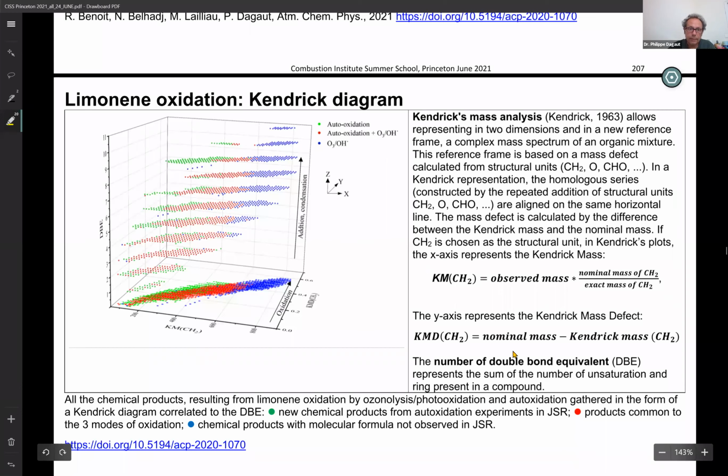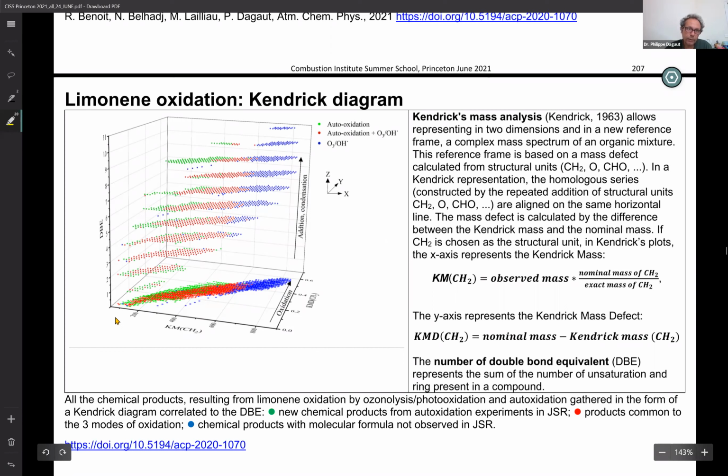If we plot these results using this graph, on this axis we have the Kendrick mass using the CH2 as a structural unit, and here we have the Kendrick mass defect, which is the difference between the nominal mass and the Kendrick mass.